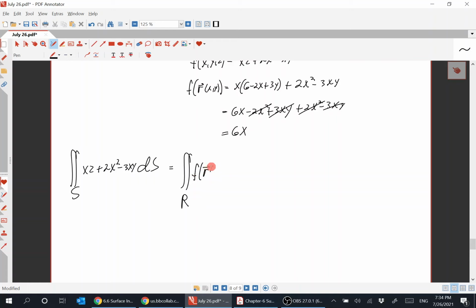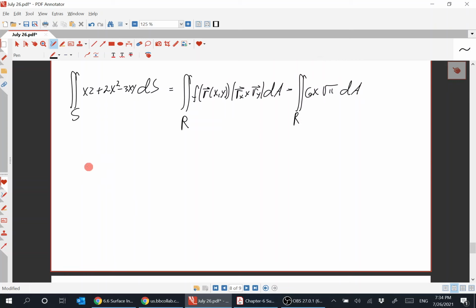F of r of x, y times the length of rx cross ry, dA. So the surface integral reduces to just a double integral. So that's the double integral over R, and this was 6x, this was square root 11 dA. So it's just 6 square root 11.